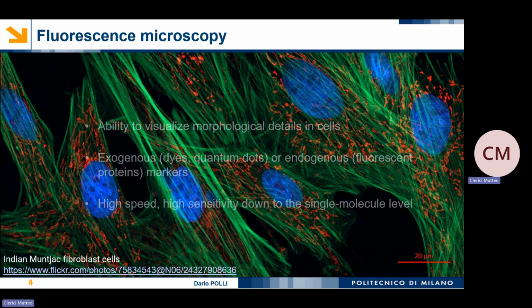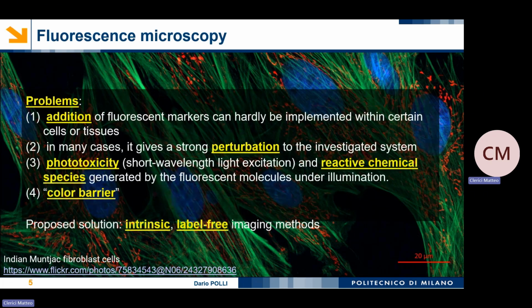But there is a problem, which is the following. Sometimes you cannot add exogenous fluorophores, you cannot add these chemicals because they might perturb the system. So what you see is not what in reality happens in the cell, because this heavy burden of the fluorescent molecule could be perturbing your system. Sometimes these fluorophores are phototoxic.